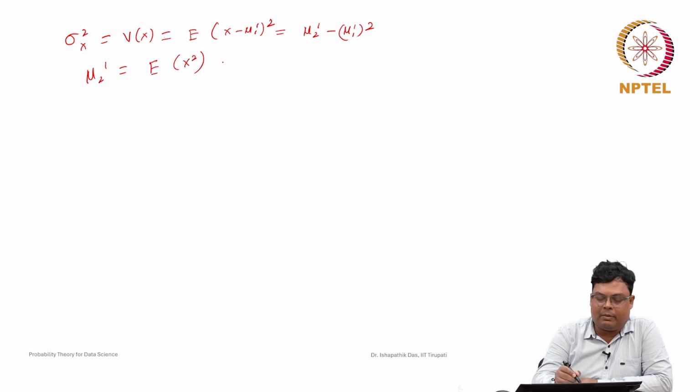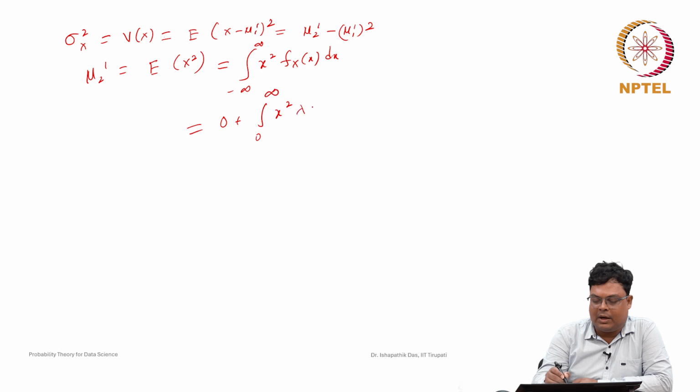The expected value of x square, again by definition, is the integral from minus infinity to plus infinity of x square f_X(x) dx, but this is non-zero only when x is positive. So that is why it is 0 plus the integral from 0 to infinity of x square lambda e to the power of minus lambda x dx. We have to do this integration, so we will take the same transformation again.